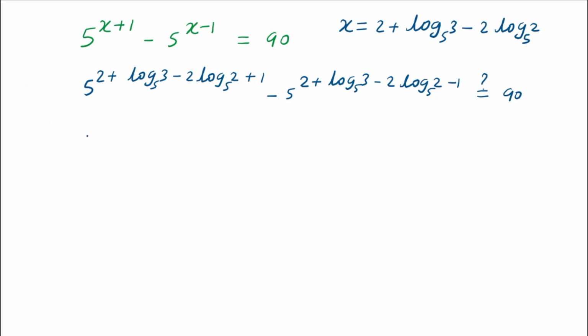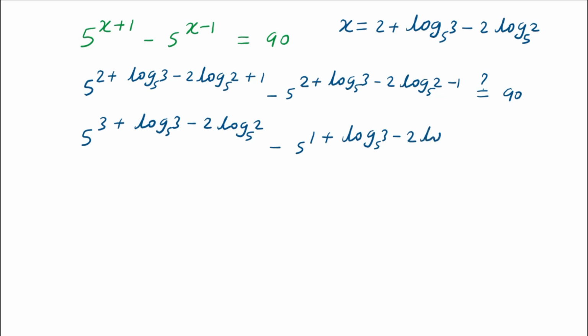Now 5 power 2 plus 1 is 3 plus log 3 with base 5 minus 2 times log 2 with base 5, minus 5 power 2 minus 1 is 1 plus log 3 with base 5 minus 2 times log 2 with base 5, and this is equal to 90.